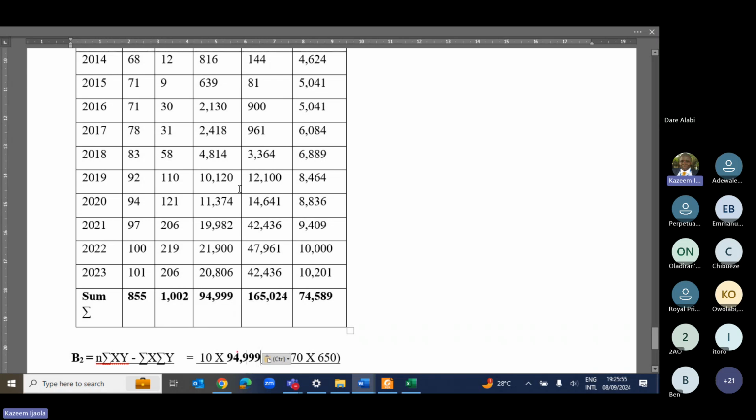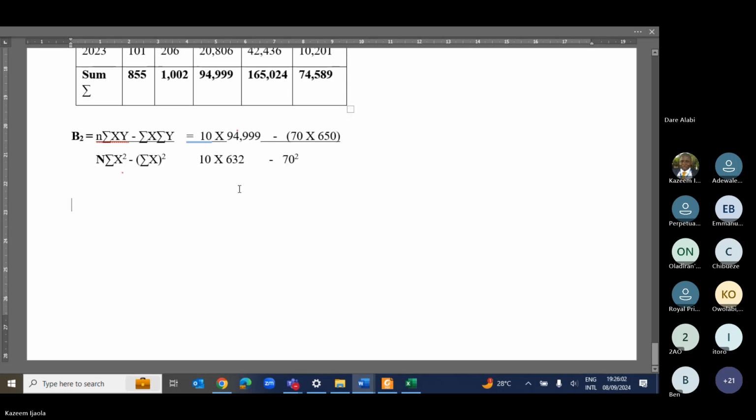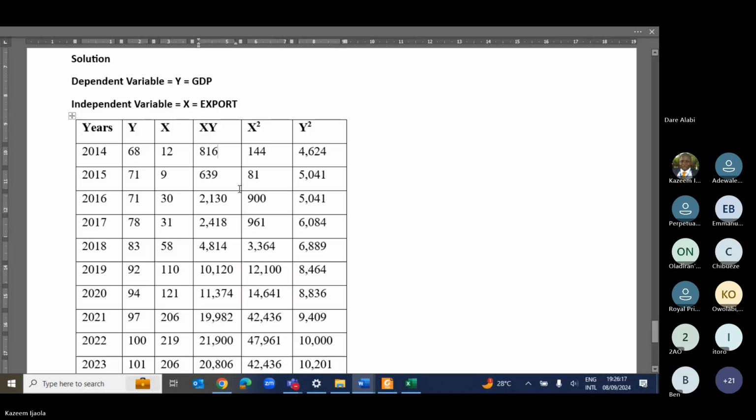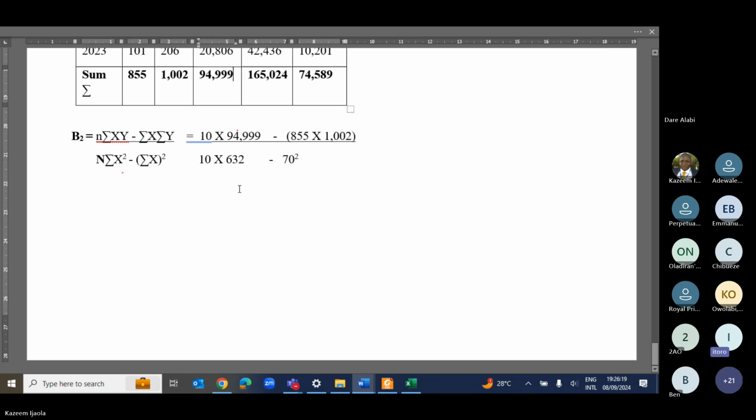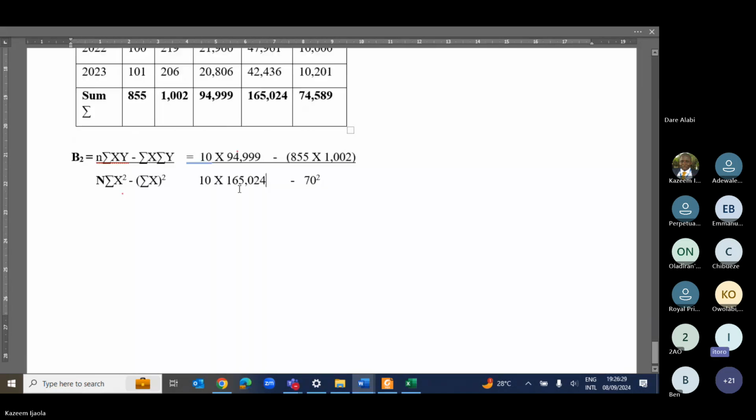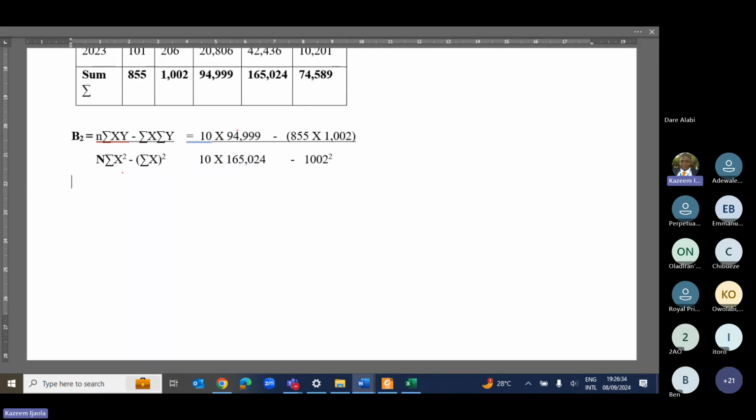That's minus 855 times 1002. Then we now have n summation x square. What's my x square? This one. Minus summation x, 1002. Like this. So what's the answer?